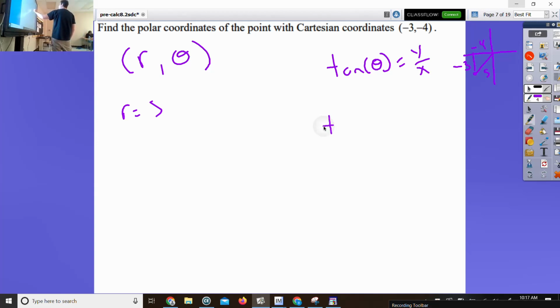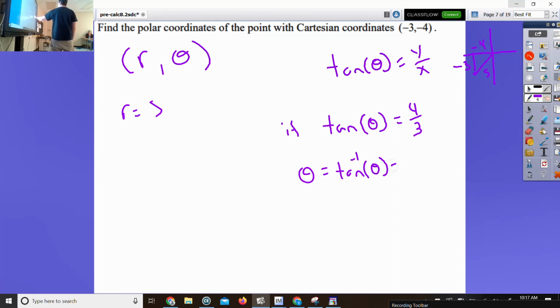But if the tangent of theta is y over x, 4 over 3, how do you find theta? Theta is the arc tangent of 4 over 3. And I don't know what you remember about this, but this is going to return an angle in quadrant 1. What did it spit back? 53.13 degrees.